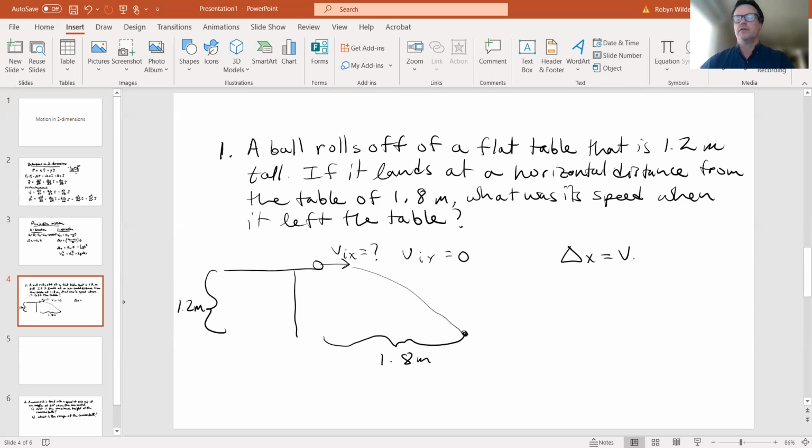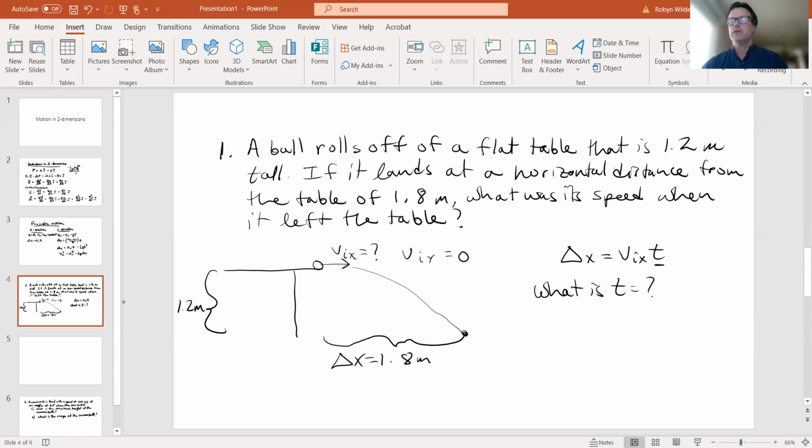Delta x equals v initial x times t. That's the only equation that I can use to find my x component of velocity. Now, I do know what delta x is. Delta x is 1.8 meters. So the problem I have is, what is the time?